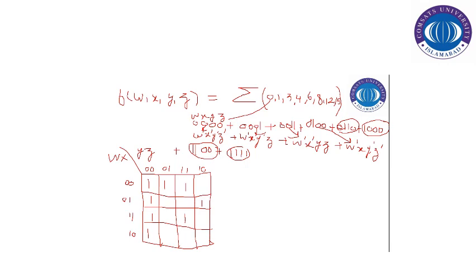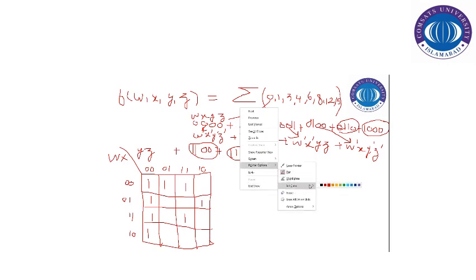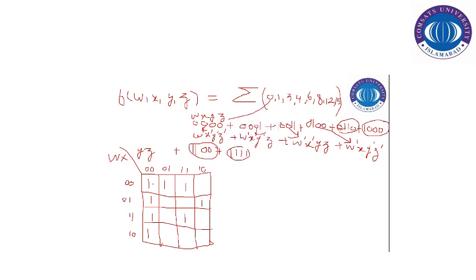So the next thing is we have to make groups in order to simplify the expression. So here we can see that, let me change the color here. This is the first group of 4 cells which we can make.